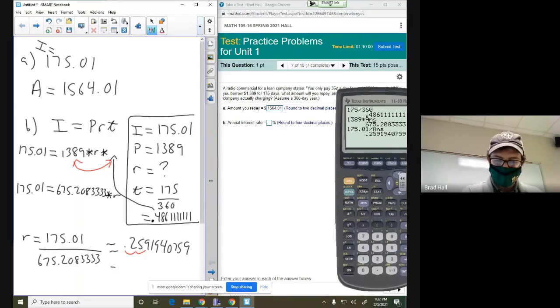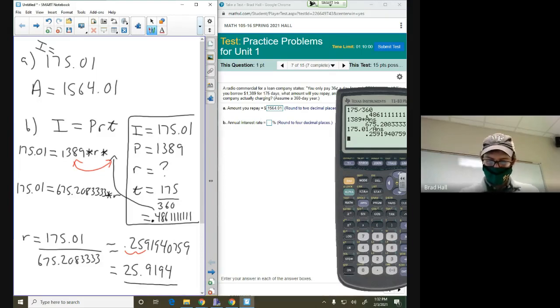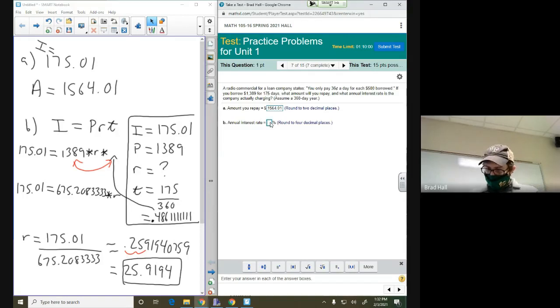So now that is 25.9194 as we round to 4 decimal places after we move the decimal point. And this is the interest rate. 25.9194 percent. That is the interest rate.